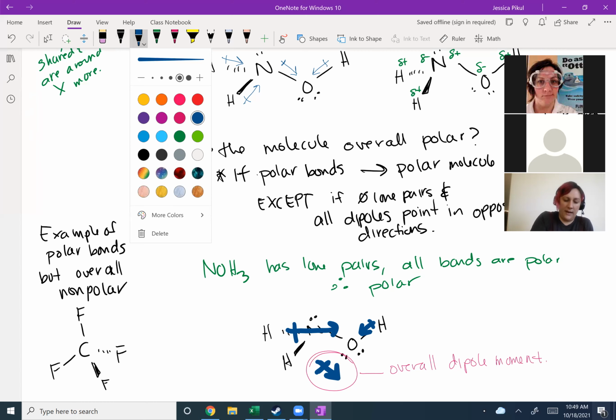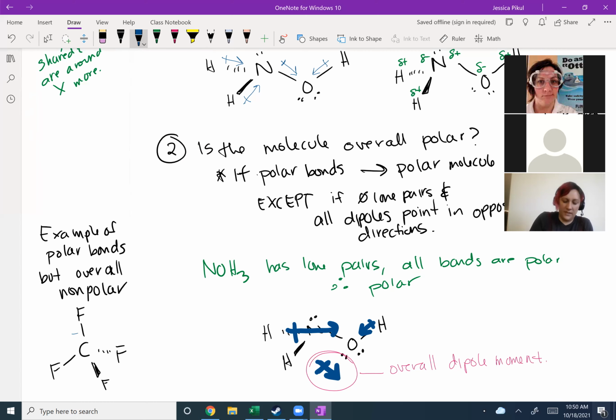So here all of these are polar bonds between the carbon and the fluorine, and there are no lone pairs, and they're all pointing opposite and equal ways away. So these are all going to cancel out. If you added up all those little vectors, it would equal 0. So those are the cases where that happens. It's not super common, but it happens, especially with these small molecules. All right.